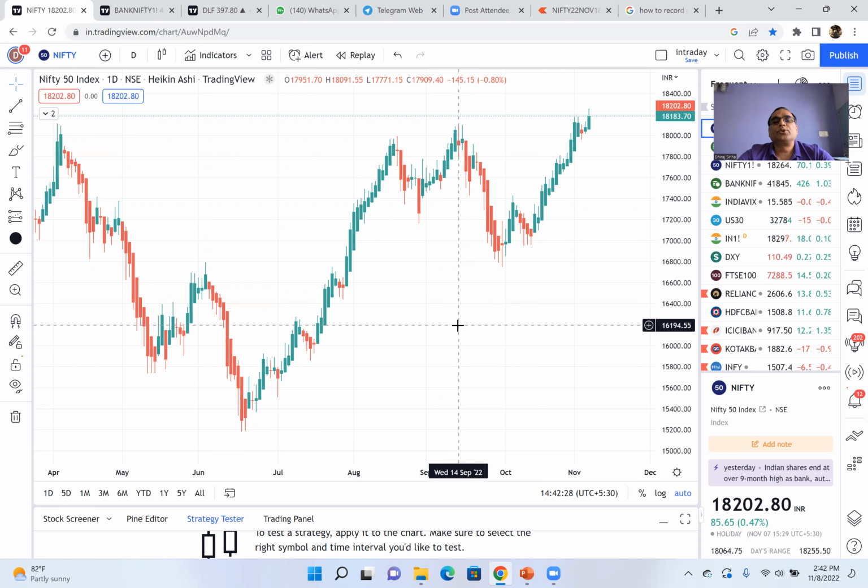So this gives the definition of a reversal alert. I talked about alerts and I said there are 2 types: a reversal alert and a doji alert. So this is a reversal alert, where on 14 September we got a reversal. Now we have to do nothing. We can just become cautious. If the low of this reversal candle is broken, that becomes our new TSL, so you can trail your stop loss.